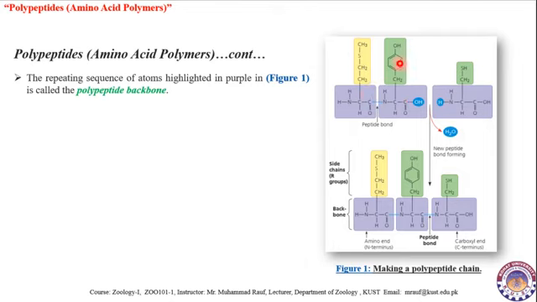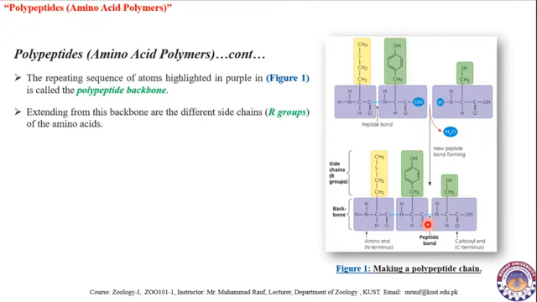These are the side chains of those amino acids, and the bond is formed between the carboxyl group of one amino acid and the amino group of another amino acid. Water molecule is excluded and a peptide bond is established, which is a covalent bond. Extending from this backbone are the different side chains.